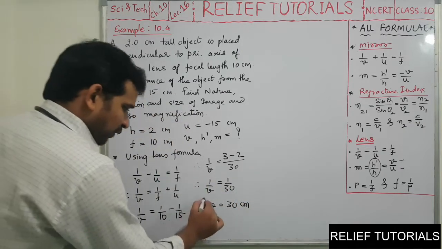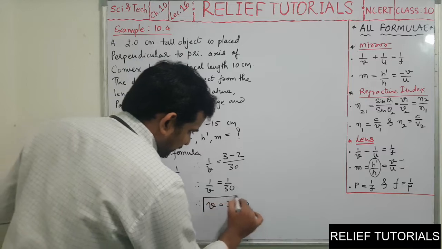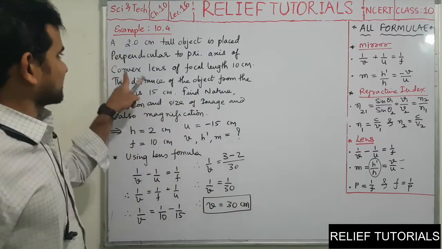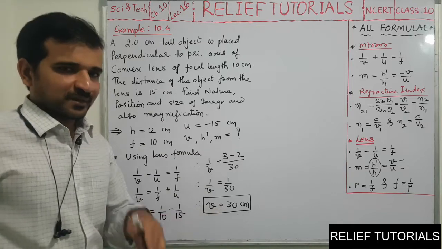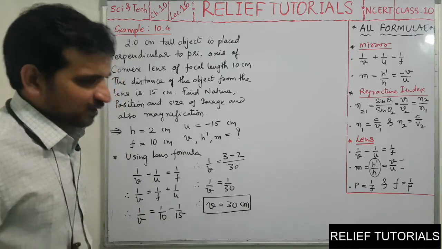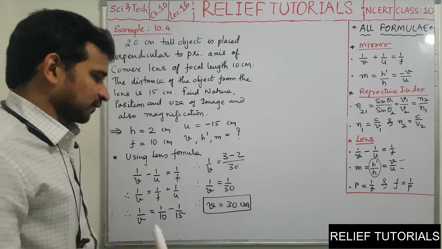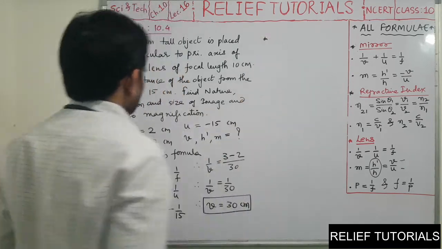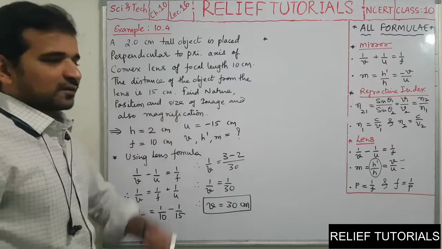So the image is formed at 30 centimeter distance from the lens, and because it is positive in the convex lens, positive distance means the image is on the other side of the object, and it will be real and inverted. One more thing, we have to find the height or the size of the image.